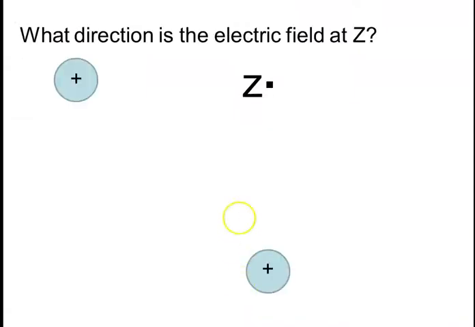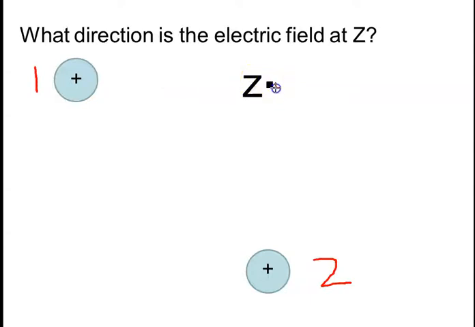Okay, so we would have taken out a new piece of paper and looked at this. What direction is the electric field at Z? We're going to forget about this charge for a second and just look at this one. I'll call this charge 1, and over here charge 2. What direction is the electric field from charge Q1 at Z?